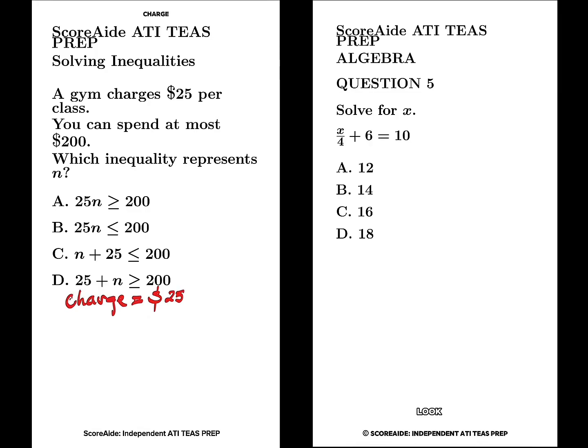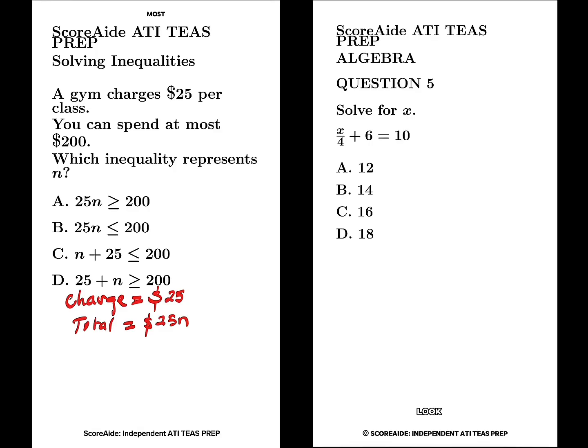That's the charge. So the total charge, if you want to do n classes, right? The total is going to be 25n. So if you want to do n classes, the total now is going to be 25n.